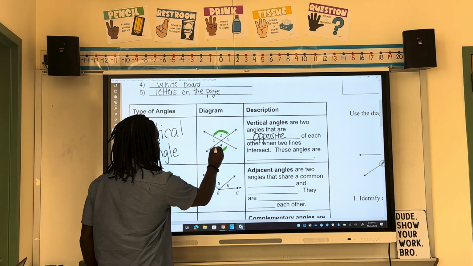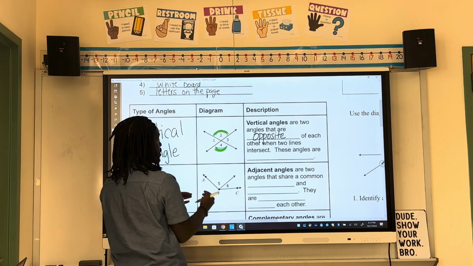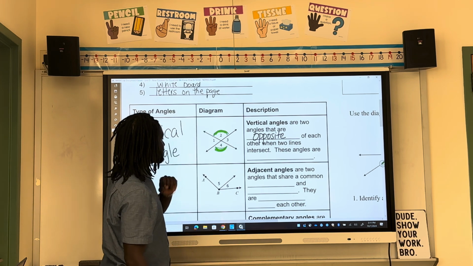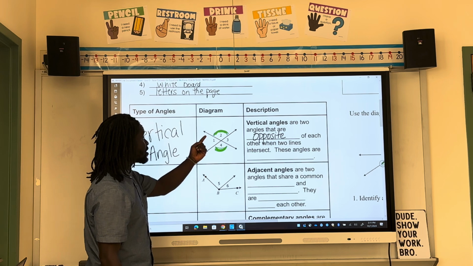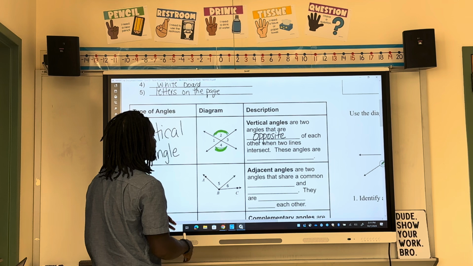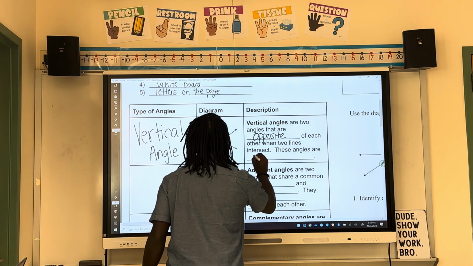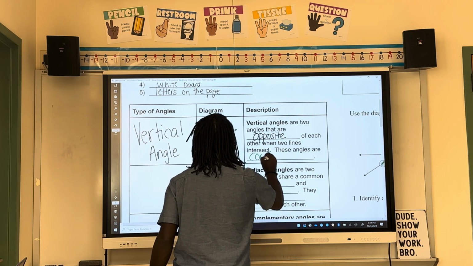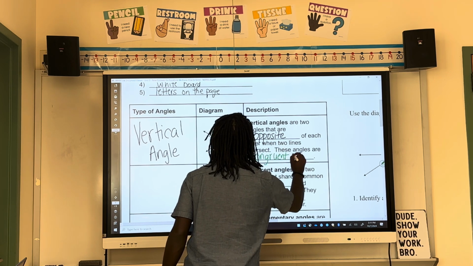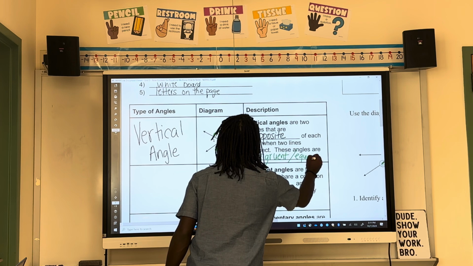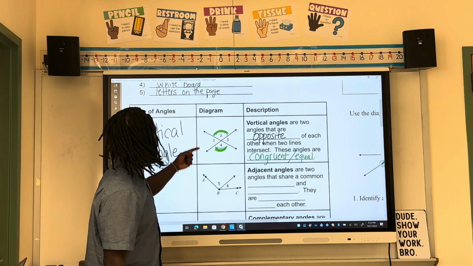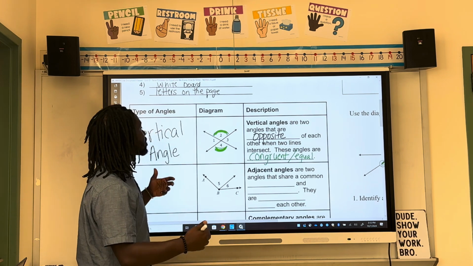Vertical angles. So when 2 angles are made when 2 lines are intersecting and they're opposite from each other, that's vertical. Another pair could be 1 and 3. So those are vertical angles. And these angles are congruent, which means that they are equal to each other. When angles are opposite from each other, they are congruent.